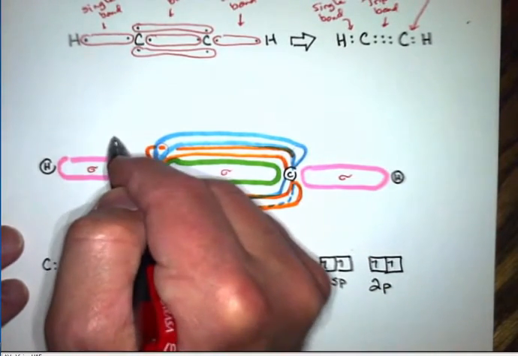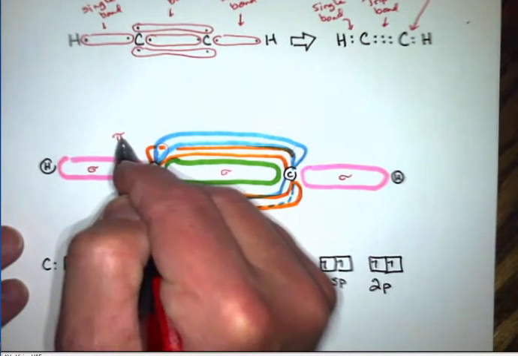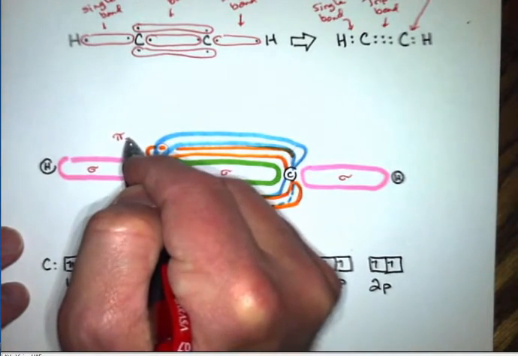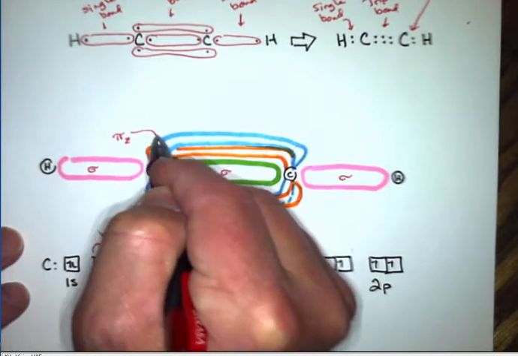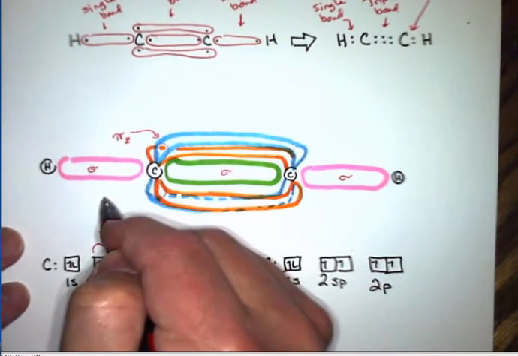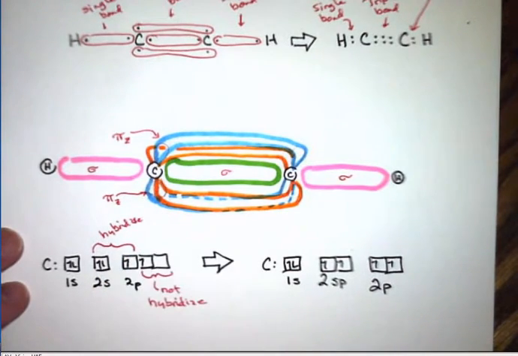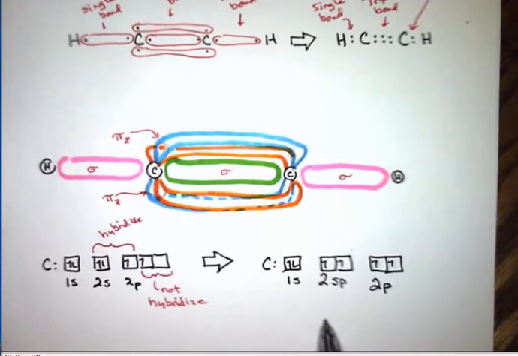Do you want to call the blue one pi x, y, or z? Z, she says. All right, so pi z is going to be this blue here, and pi z is going to be this blue one here. Which means the orange one then is going to be either x or y.